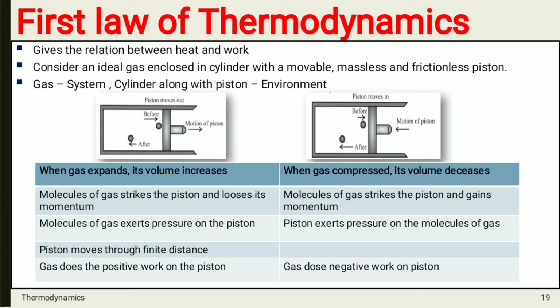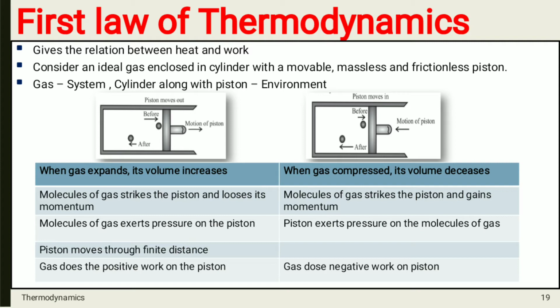For understanding first law of thermodynamics, again we are going to consider an ideal gas enclosed within a cylinder with a movable, massless and frictionless piston. Gas is the system and cylinder along with the piston is the environment.